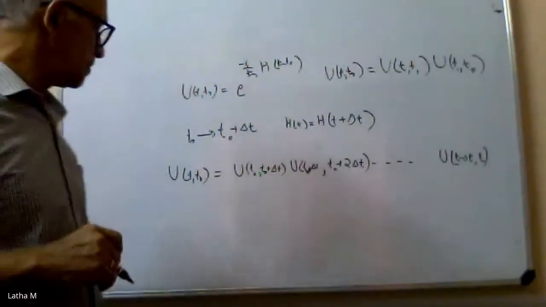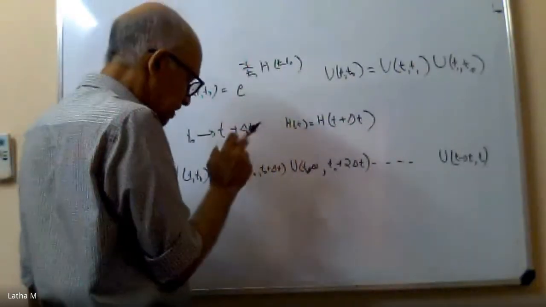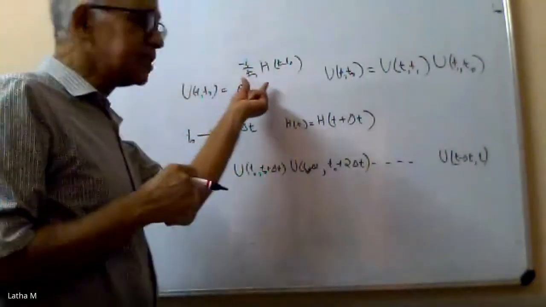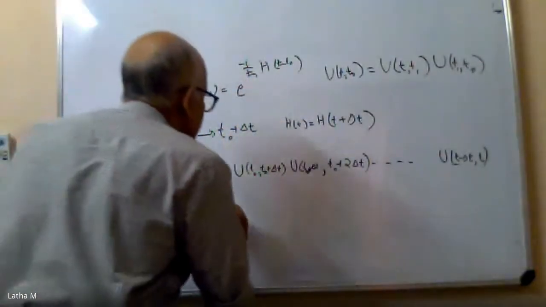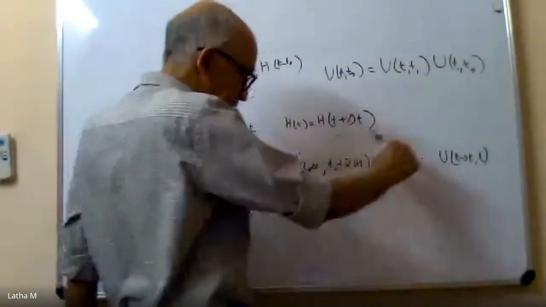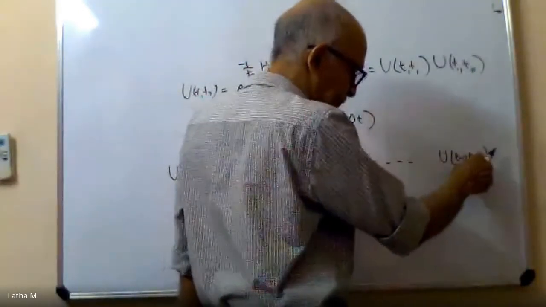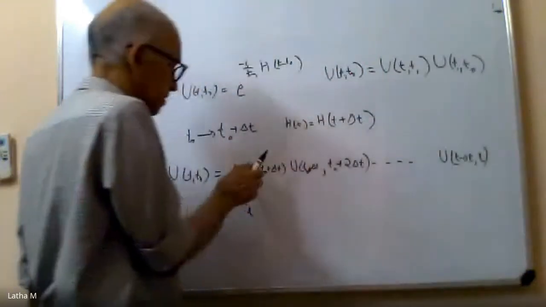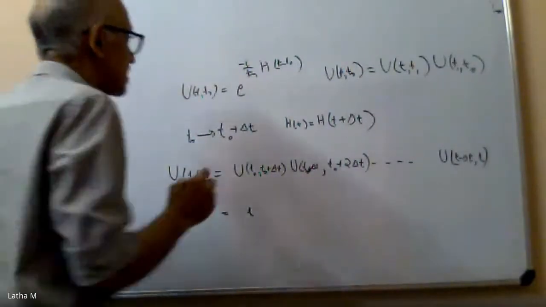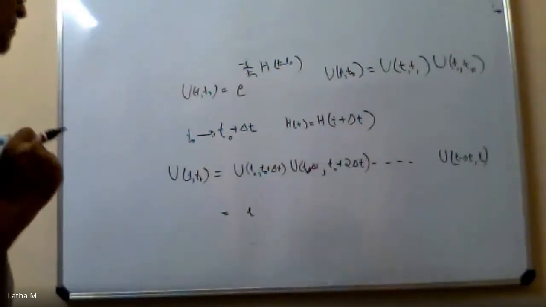Agree with that result? Then for the time evolution operator for these small slices, I can use this expression. You should note that the times of these different operators are in an ordered manner. That is, the highest time comes in the last operator, and the lowest time comes in the first operator. These operators are written in a time ordered manner.